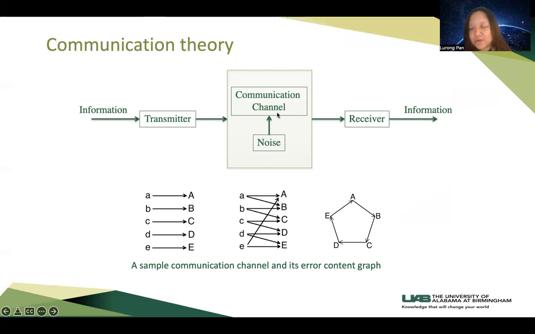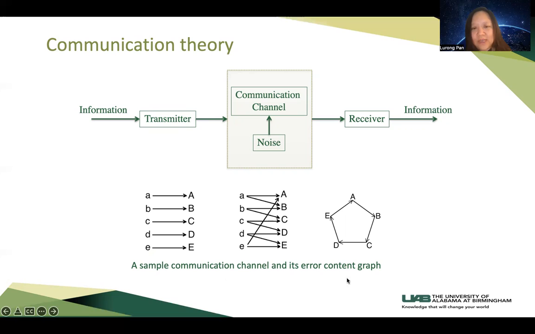Any communication channel carries noise. When the receiver receives it and the information gets out, the information coming in and going out are not always 100% accurate or the same. There's a lot of room for miscommunication, which we call noise.